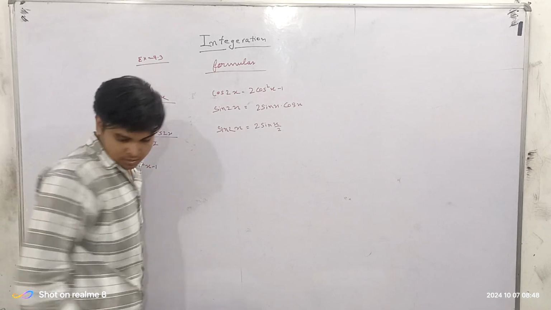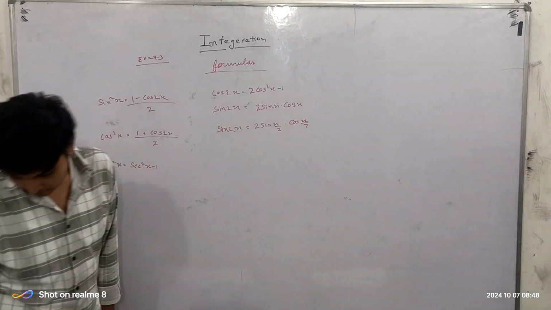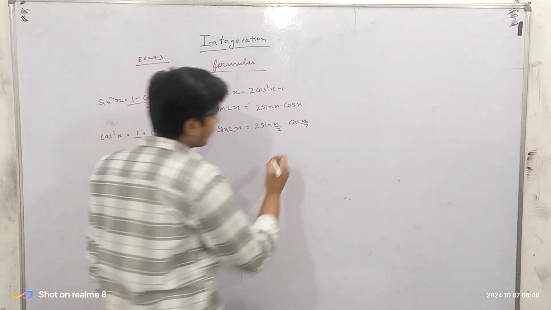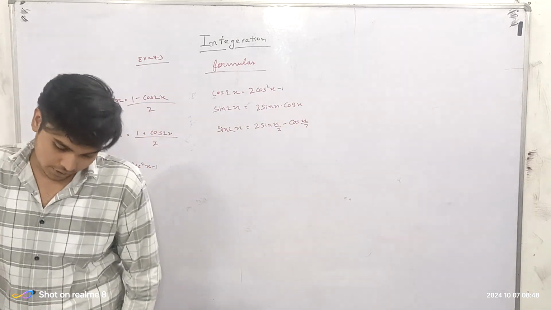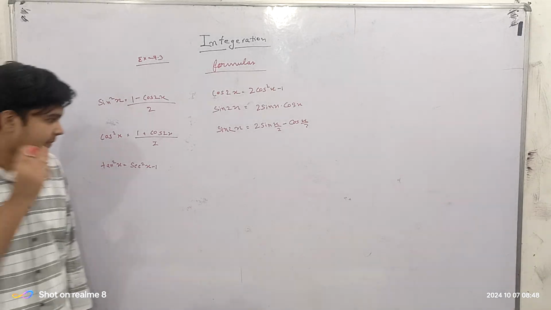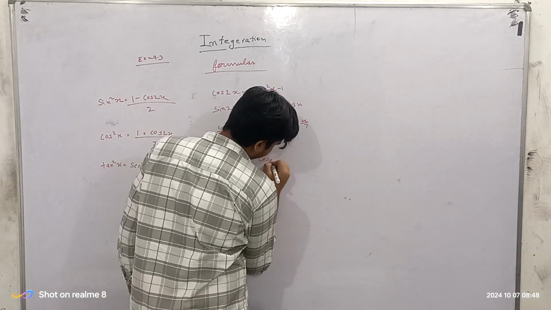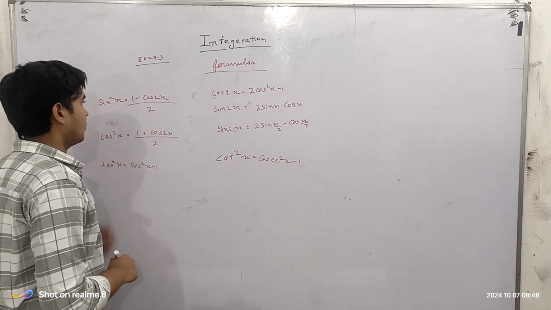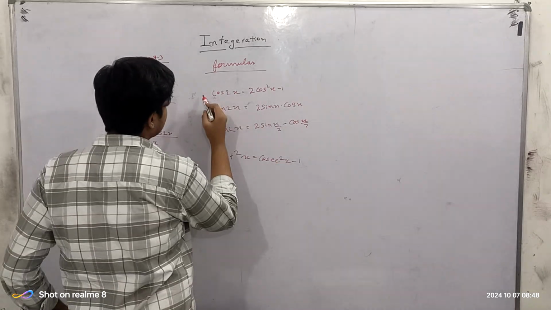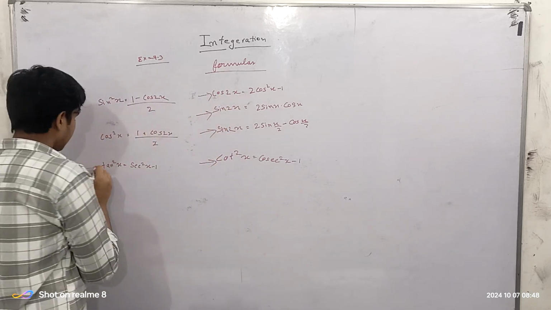In sin 2x, another formula is 2 sin x by 2 into cos x by 2. Also, minus cos x by 2. This is an important formula. These are the normal important formulas which we have in class 11. You have to learn these.